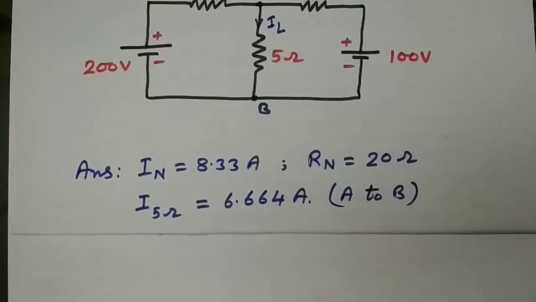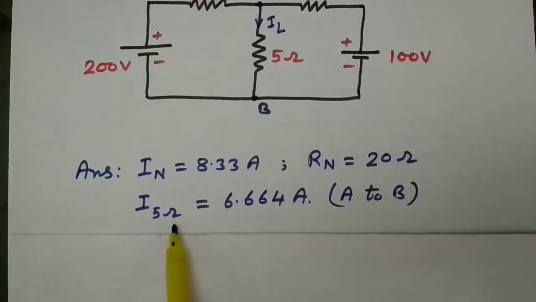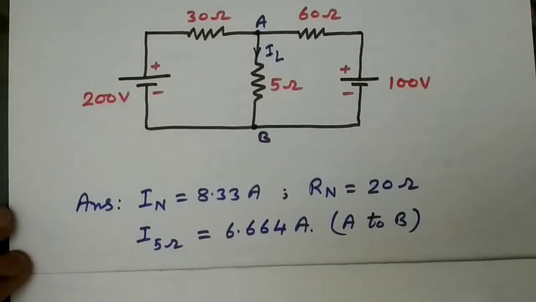For this question, the value of IN will be 8.33 ampere, Rn is 20 ohms, and the current through the 5 ohm resistance is 6.664 ampere, and the direction will be from A to B. So this is the first practice question.